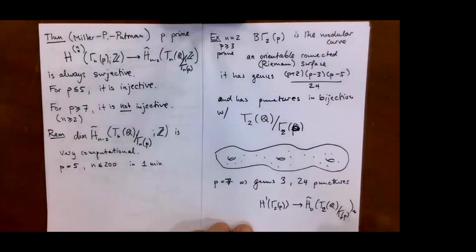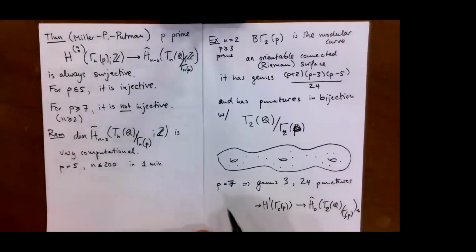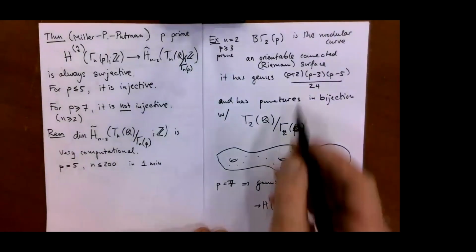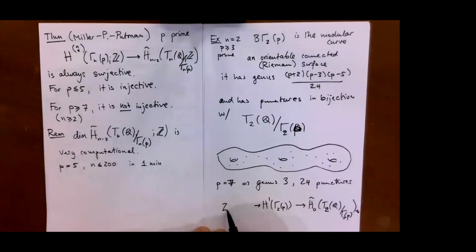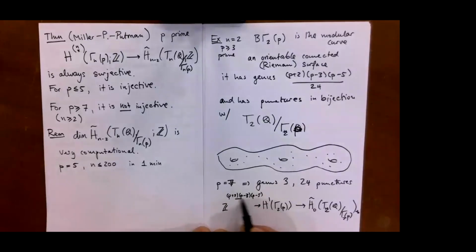And then the kernel of this is precisely the homology that comes from the genus. So that is Z to the (p+2)(p-3)(p-5)/12, because I get two classes per genus.